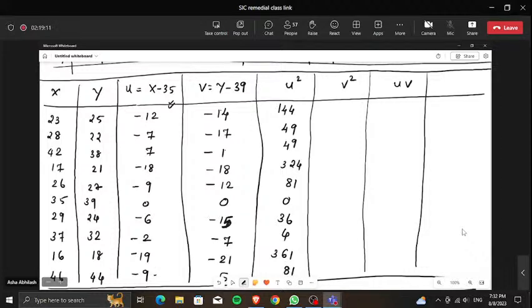Here it is 9, since minus 46 is 9. Clear? It's 81. Yes or no? Yes, ma'am. Now V square of this.